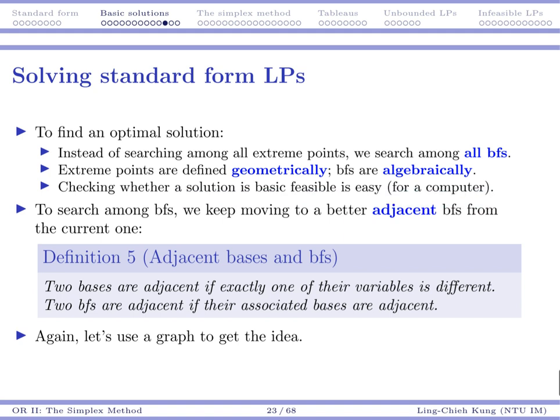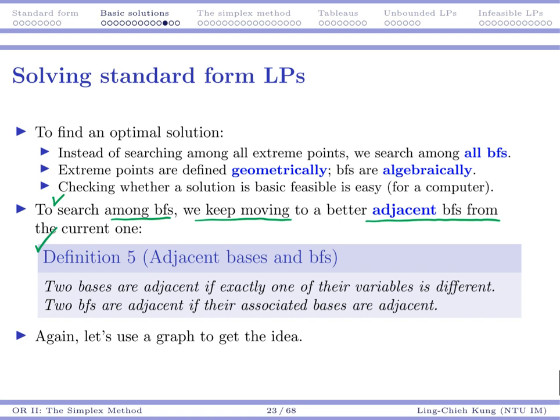Alright? So to search among basic feasible solutions, we would keep moving to a better adjacent basic feasible solution from the current one. There are so many basic feasible solutions. Some of them are adjacent, nearby, or neighbors to each other.